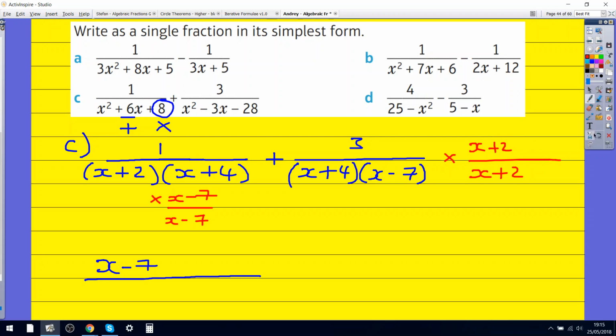And so what is now the denominator? X plus 2. Go on. And then the denominator was x plus 2, x plus 4. Yeah. And then you multiplied it by x minus 7.